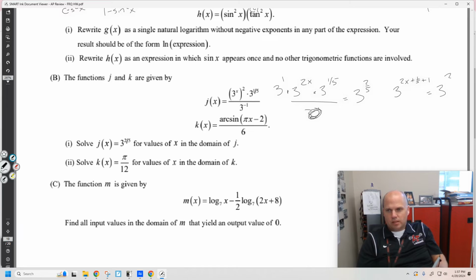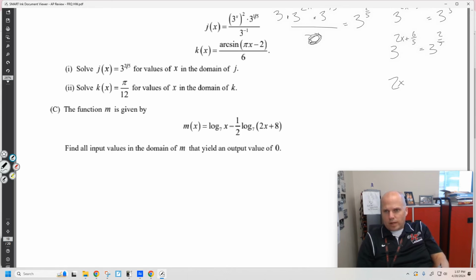So I get 3 to the 2x plus 6/5 equals 3 to the 2/5. 2x plus 6/5 equals 2/5. Take the log base 3 of both sides to get rid of the 3. 2x equals negative 4/5. x equals negative 2/5.